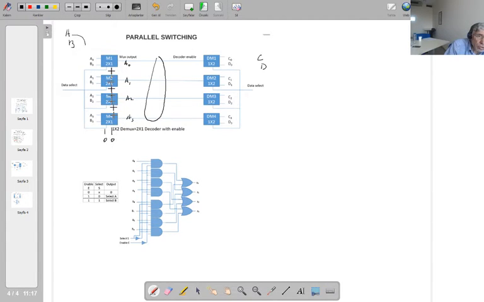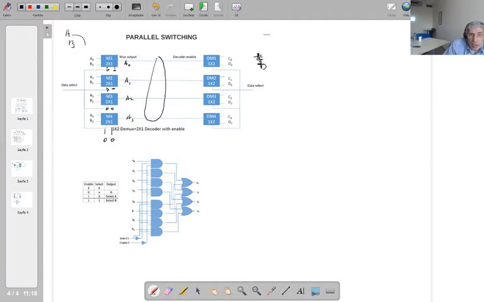For all these 4 muxes, we have made the same data select. So for the first mux, the first input is transferred to the output, for the second mux the first input is transferred to the output, and likewise for the third and fourth muxes, the A's. These A0, A1, A2, A3 bits are related to the person Ahmet, that is A.